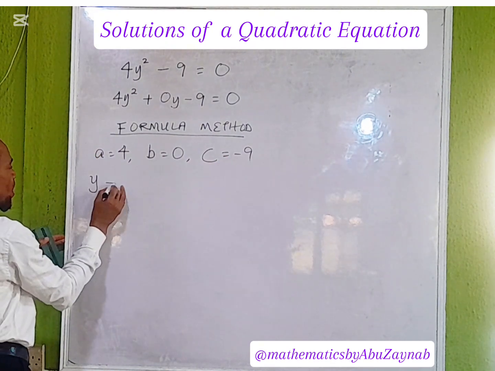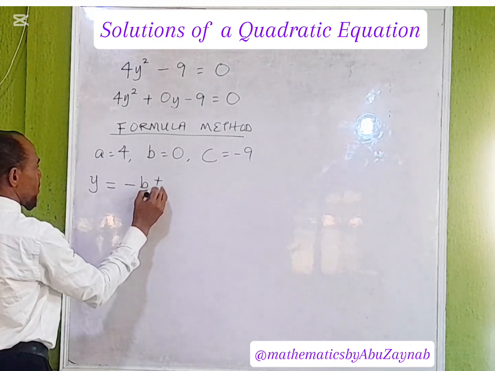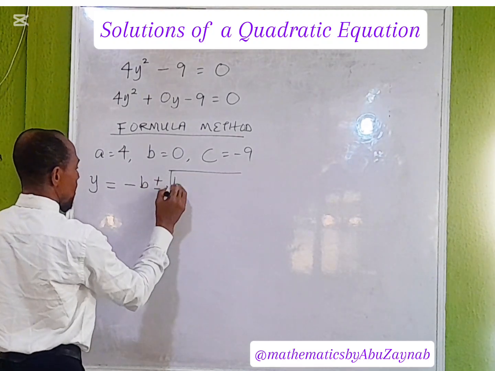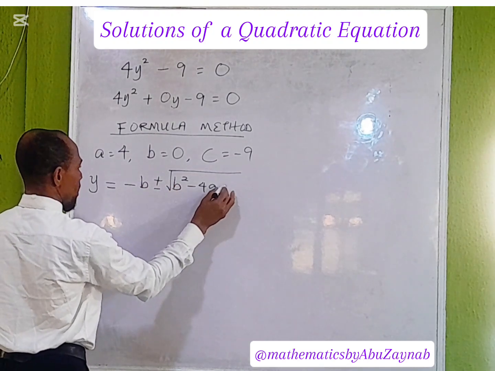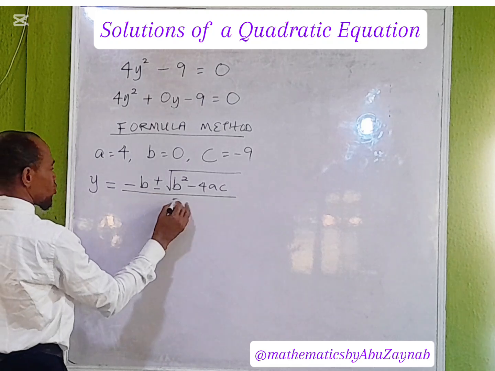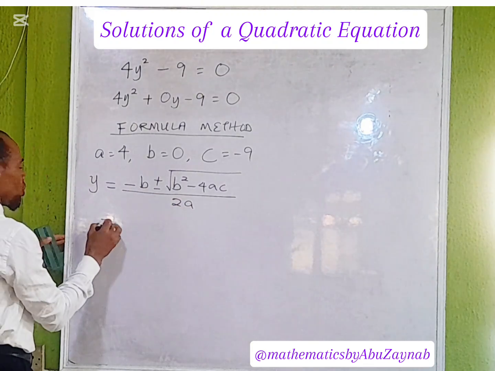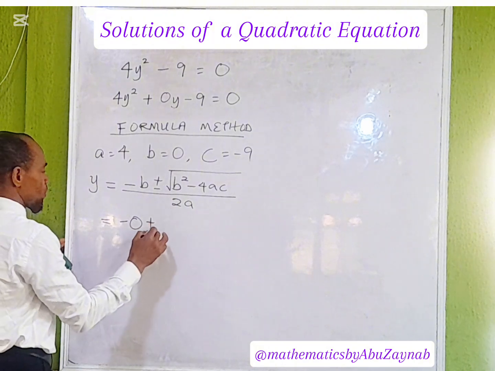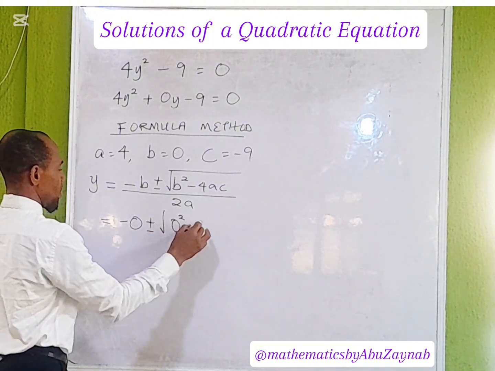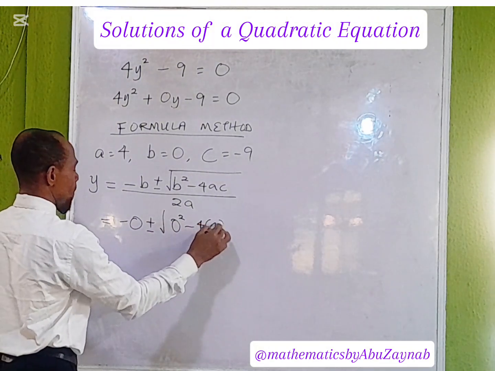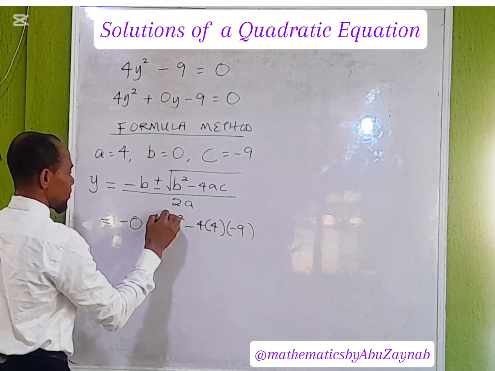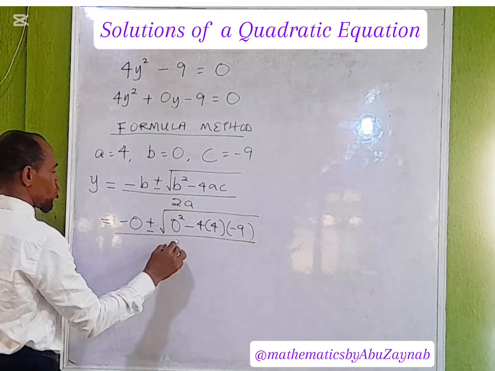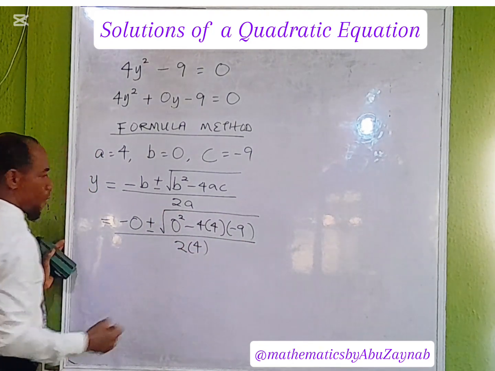Remember the formula is y equals minus b plus or minus the square root of b squared minus 4ac over 2a. So all you need to do now is to just affix. We have minus 0 plus or minus 0 squared minus 4, A is 4, c is minus 9 over 2a, which is still 4.